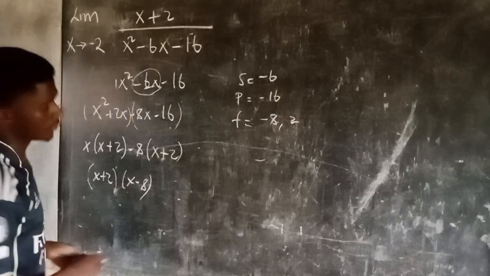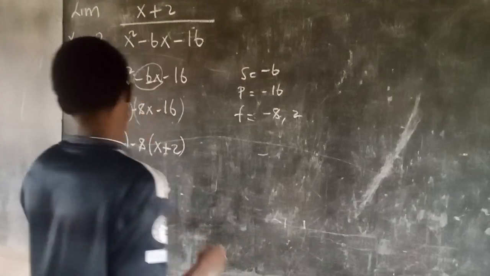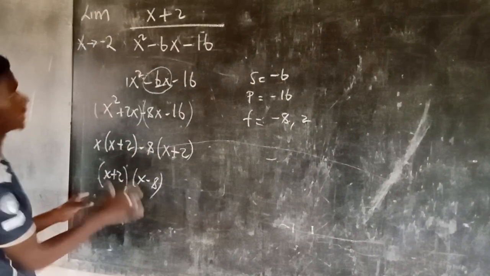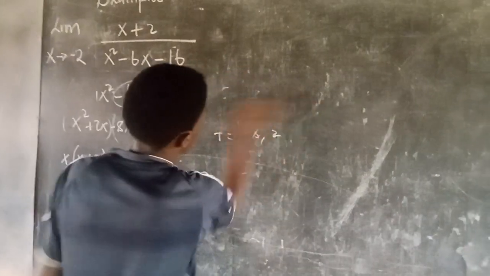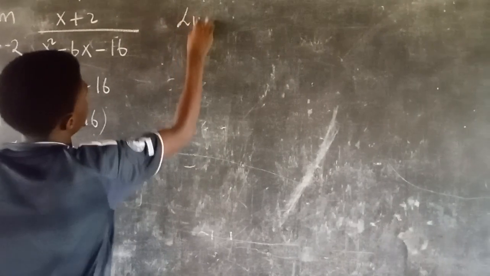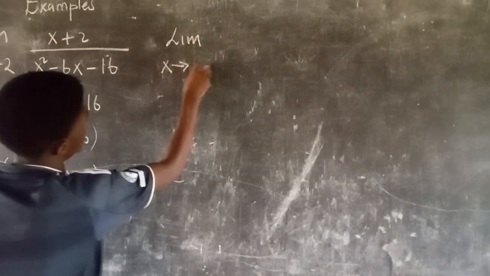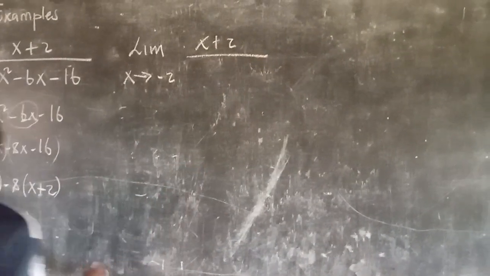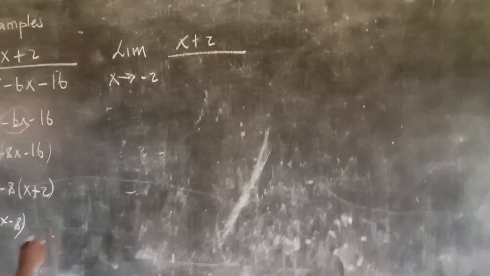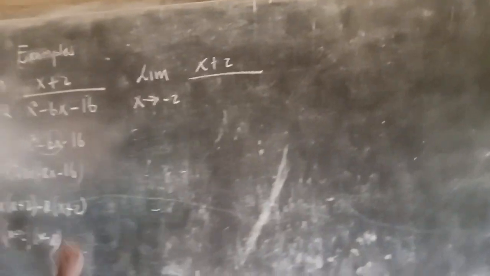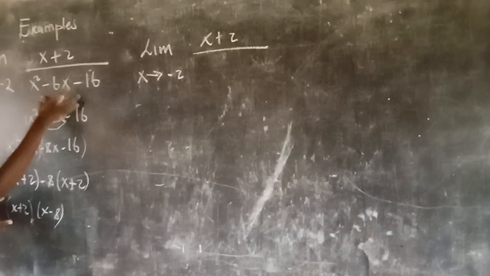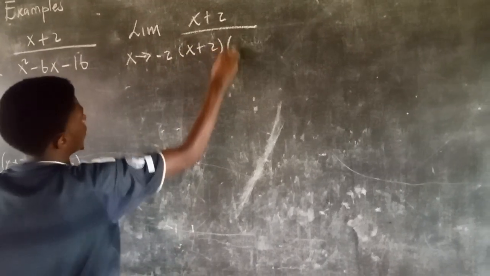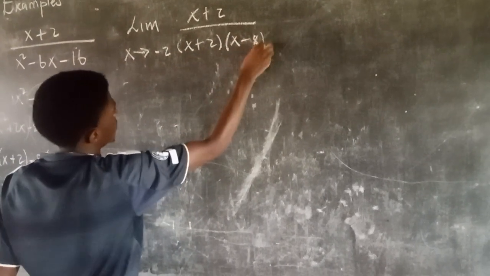So now, moving forward, after factorizing, you substitute, because you know that this is the same as that. So we're going to have the limit as x approaches negative 2 of x plus 2 over, instead of writing this, you are going to write the factors of this function: x plus 2, x minus 8.